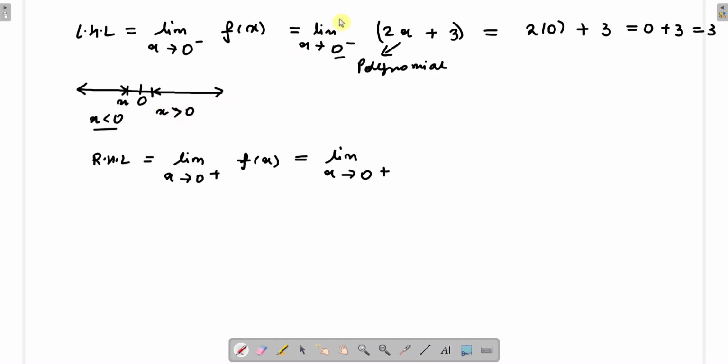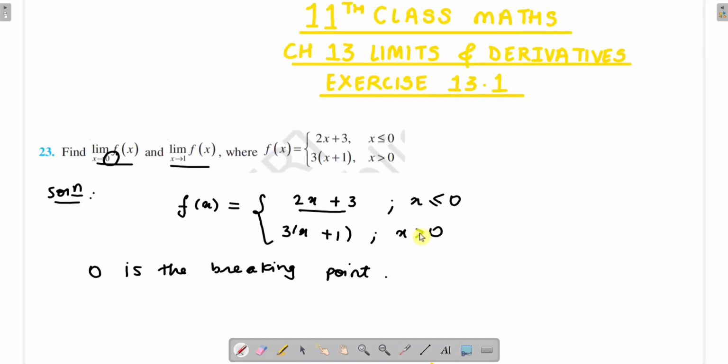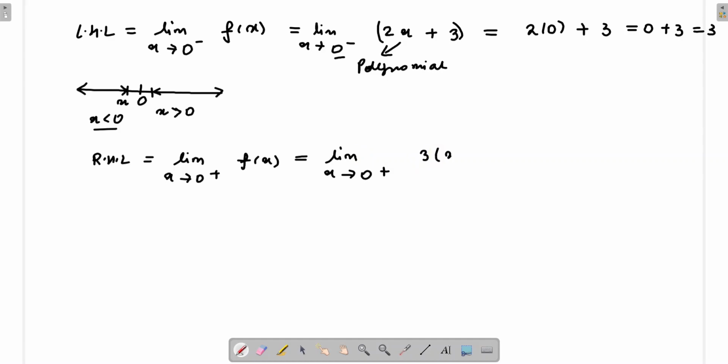So the definition that you have to look at now is the one for x greater than 0, which is 3 times (x plus 1). This will be equal to limit x tends to 0 plus of 3x plus 3. Again this is a polynomial, so directly substitute the point 0 in the polynomial. So 3 times 0 plus 3, which is 3.